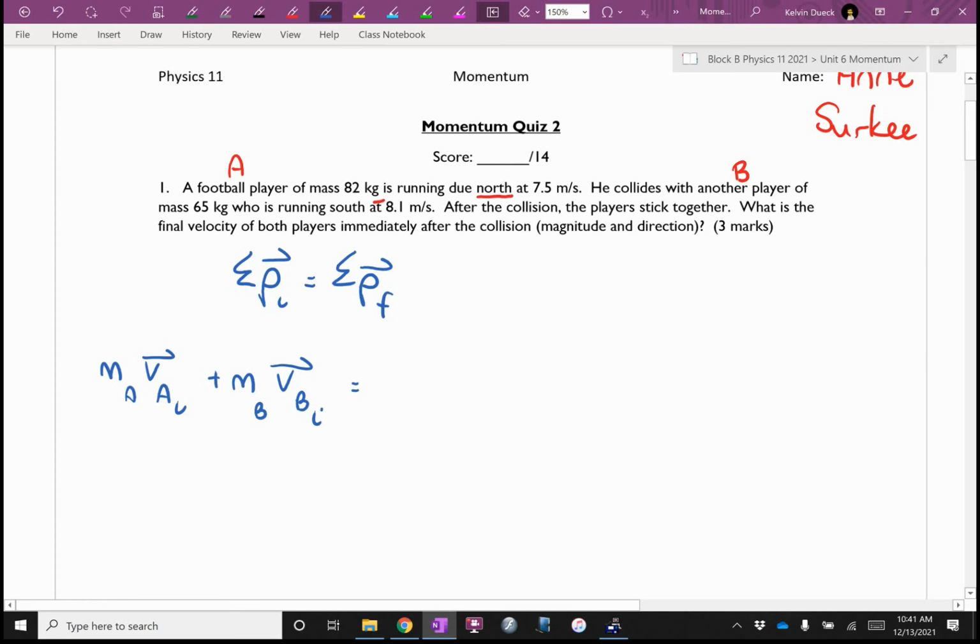That equal sign, that's the collision. Or as I often say, wham, they collide. After the collision, they stick together, so it's going to be MA plus MB, V final.